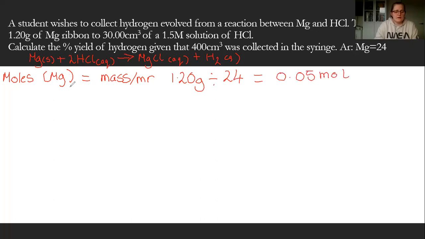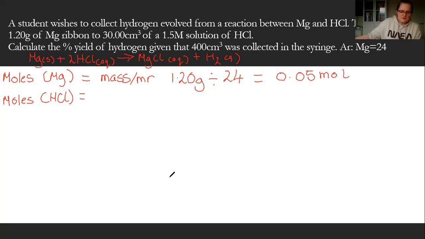We then need to work out our moles of hydrochloric acid. This time, with it being a solution, we've got its concentration and its volume.